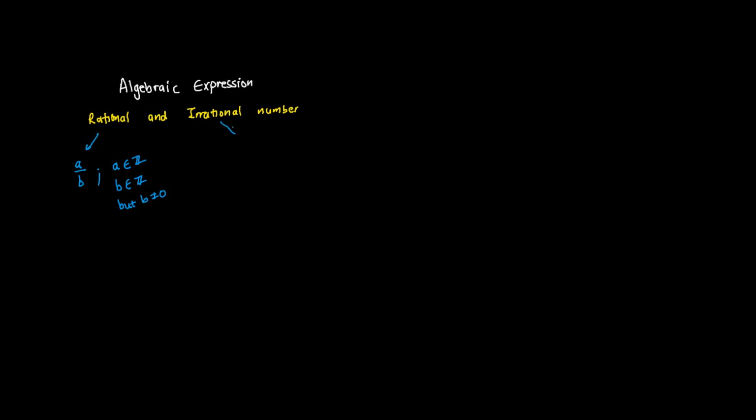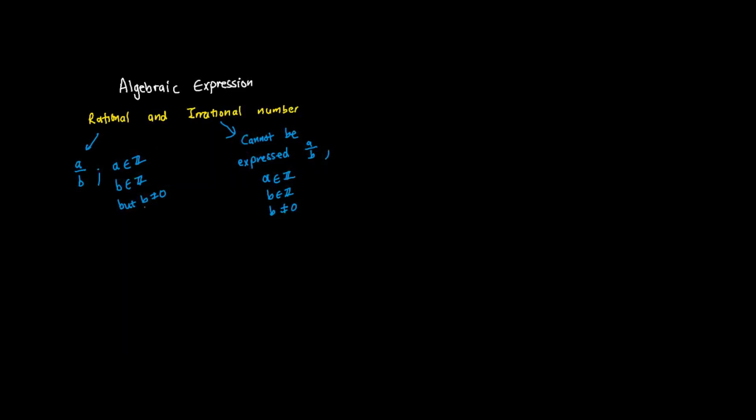Now, an irrational number is basically the opposite. It is a number that cannot be expressed as a fraction in the form of a over b, again, where a is an element of integers, b is an element of integers, and of course b cannot be equal to 0. So that's the restriction. Now, this is a very important question.